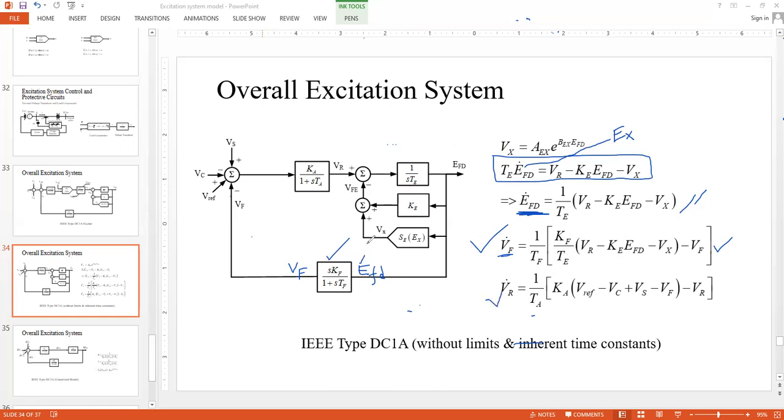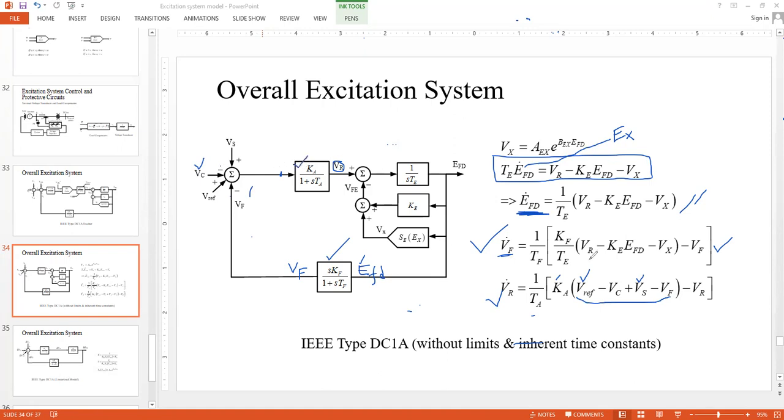Similarly, what is VR dot? VR is the output of the amplifier or output of the voltage regulator. And what is this here? This is actually the output of the summing junction. So you have VREF plus VS, minus VC, and minus VF. So we have 4 signals multiplied by KA. This is the gain.